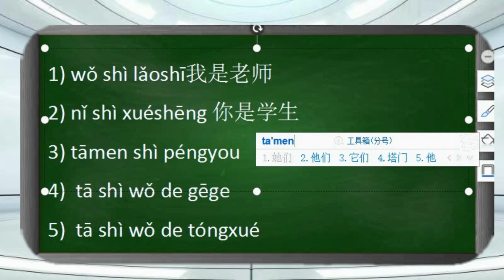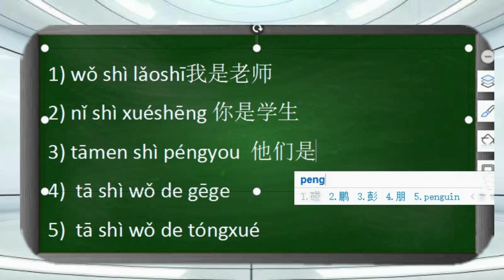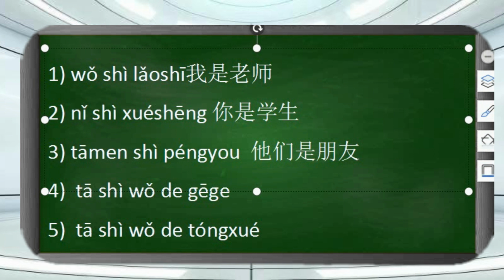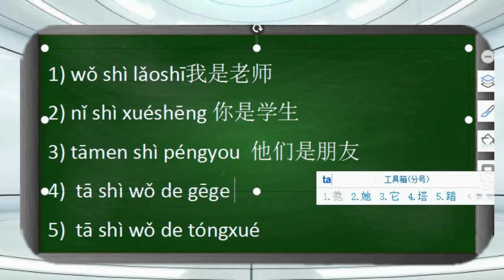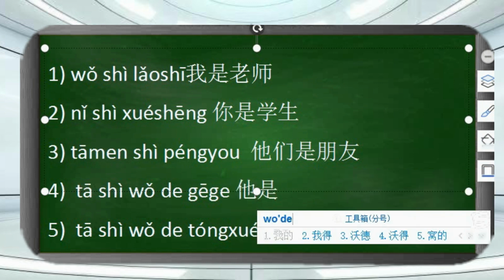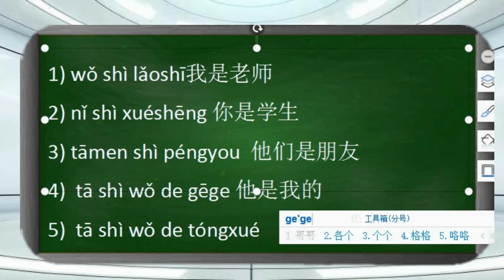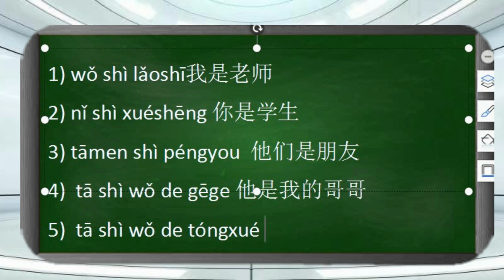Now I have chosen the character used for men, so it means we are talking about men. 他是我的哥哥, he is my elder brother. I also choose a character used for male because I'm talking about my elder brother. 哥哥 means elder brother. 他是我的同学, he is my classmate.